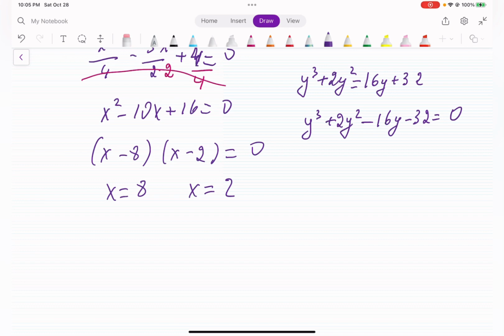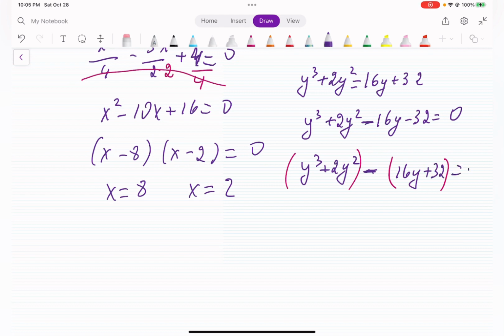So let me combine. So y cubed plus 2y squared and then minus, look, since I have minus in front of the parentheses, that means I have to flip every single sign within the parentheses. I'll explain in a second. 16y plus 32 equals 0.